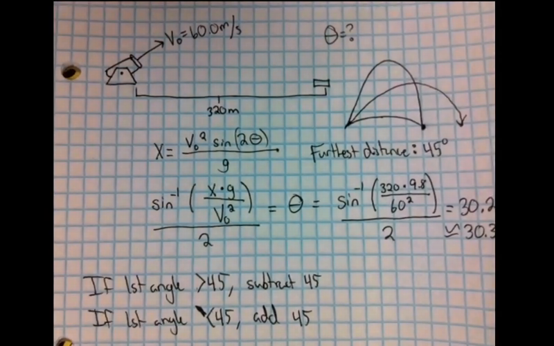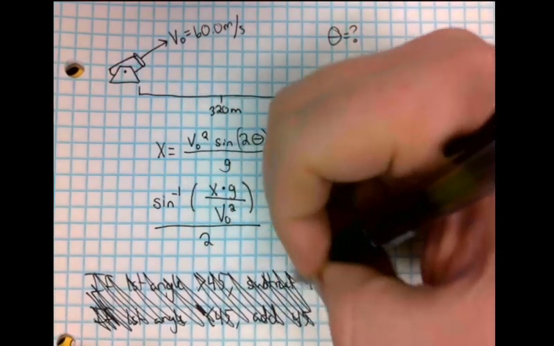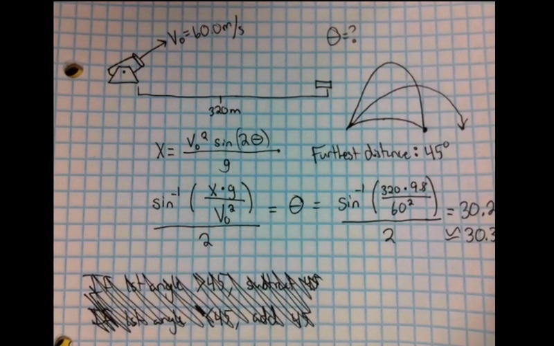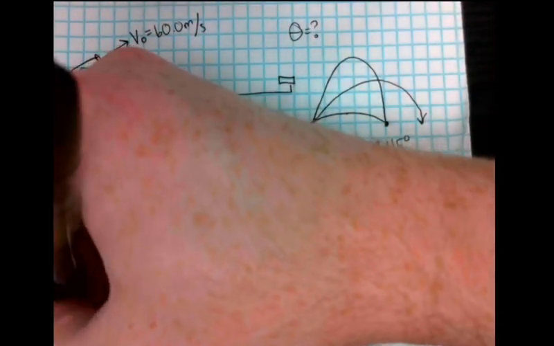So in this case, we had 30.3. Oh, sorry. No, you don't add. Sorry, hold on. Forget that. That's the shortcut I tried to take last year, but that did not actually work. So ignore that piece right there.